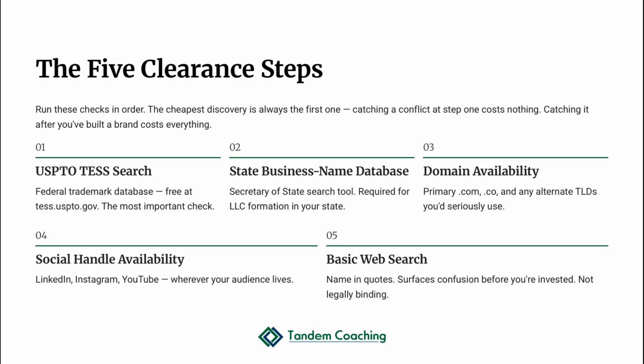Primary and alternate top-level domains. Social handle scan fourth. LinkedIn, Instagram, YouTube, wherever your audience lives. Basic web search fifth, as the loose net that catches informal users. Each check that fails saves you from running the next ones. If USPTO surfaces a blocking conflict, you move to your second choice name before checking domains, not after.